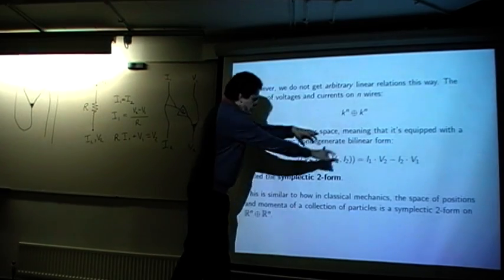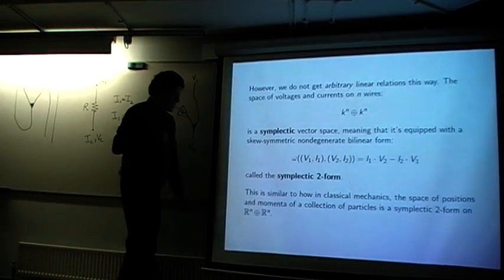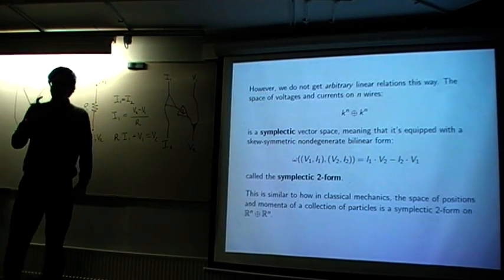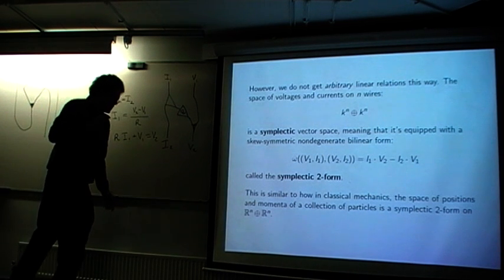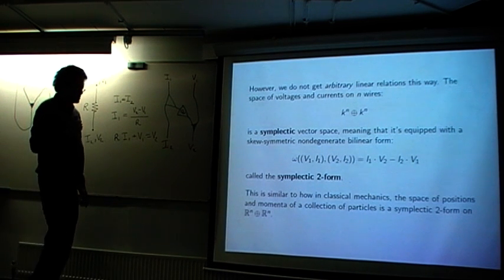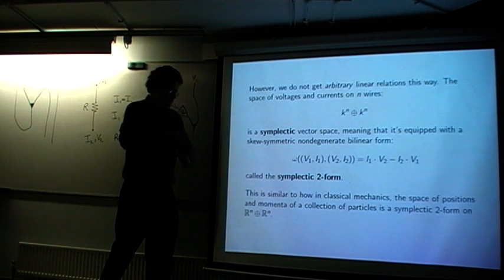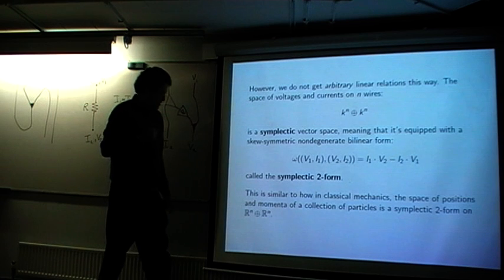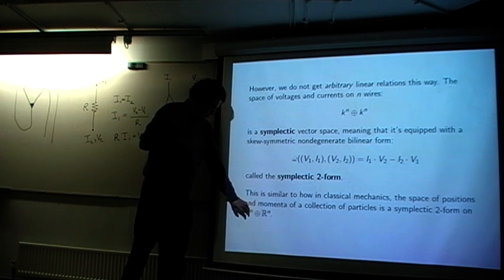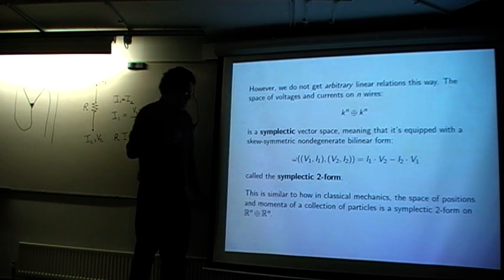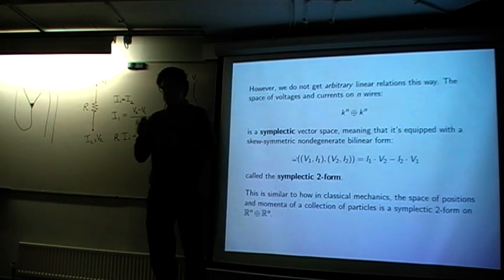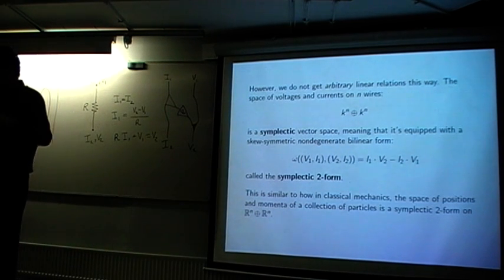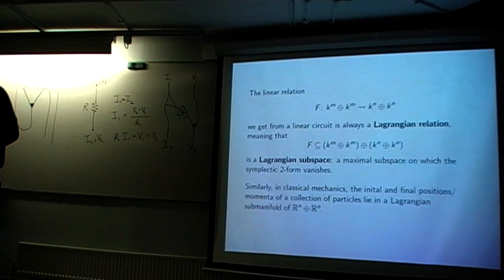Skew-symmetric, meaning if you switch these two guys, you get a minus sign there. And this is really mathematically the same as how in classical mechanics, if you take the space of all positions and momenta of a bunch of particles in a Euclidean space, that's also a symplectic vector space. You have a bunch of numbers for positions and a bunch of numbers for momenta, and this mathematical structure turns out to be really important in writing down things like Hamilton's equations.